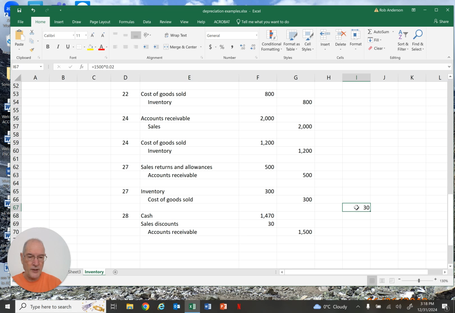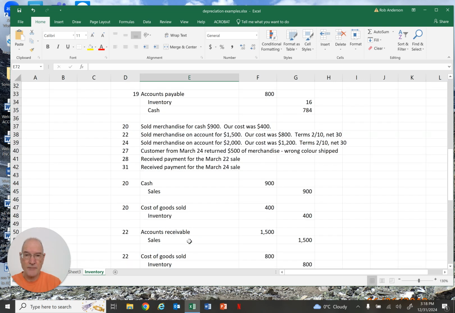So we just have one entry left, and that is on the 31st. So our customer paid us. Now keep in mind, this is the customer that returned some goods. So we might have to look back here, but notice that we sold them $2,000 worth of goods and they returned $500 worth of goods.